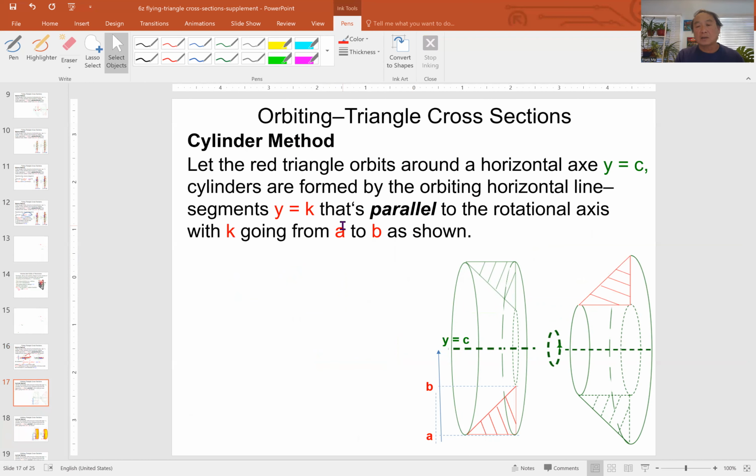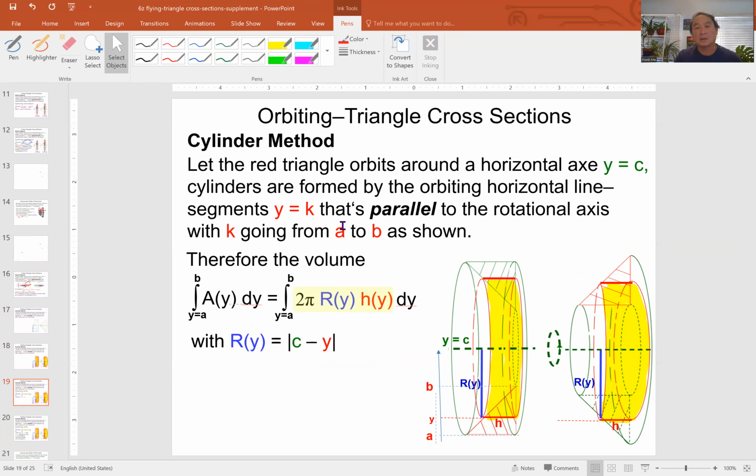Here's the cylindrical method, again against the x-axis. We rotate this shape around the x-axis, and then we get a cylinder. The surface area of the cylinder is going to be 2 pi r, which is the circumference, times the height of the cylinder, in this case the width of the band.